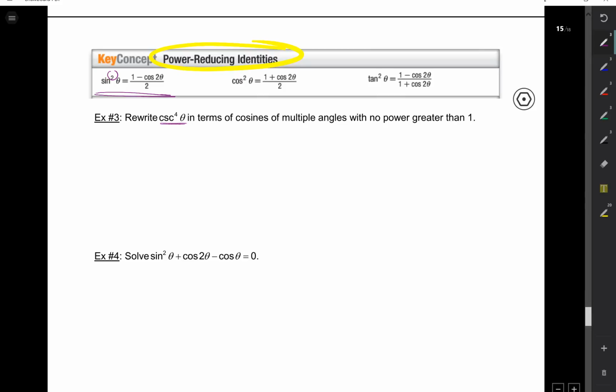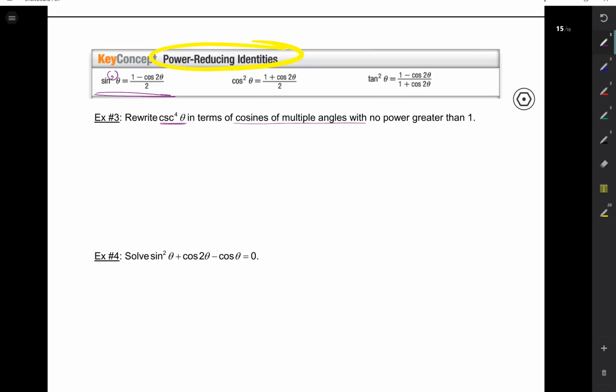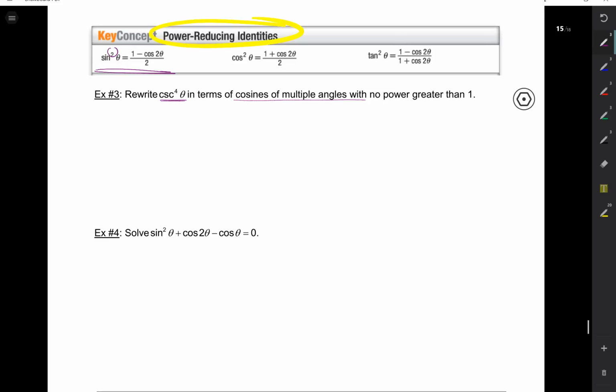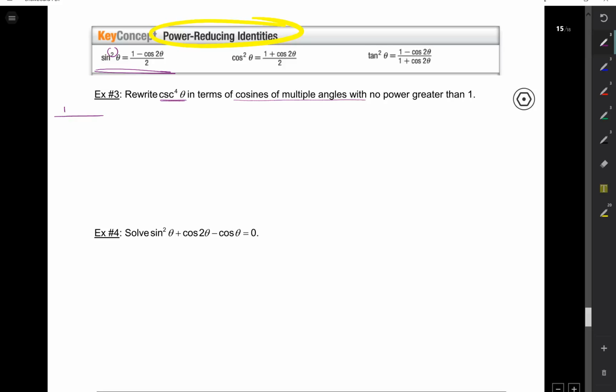But we can have multiple angles, like 2 theta, 4 theta, those are fine, just not exponents. Okay? Now, let's do this. First and foremost, this is cosecant, but I have the identities for sine, cosine, tangent. So what's cosecant most like? Sine. So I say, okay, this is really 1 over sine to the 4 theta.